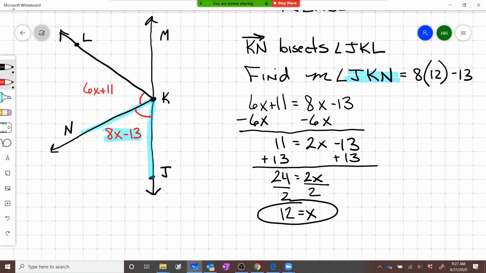That's 83 degrees. So do you see the blue angle? It's 83 degrees, right?